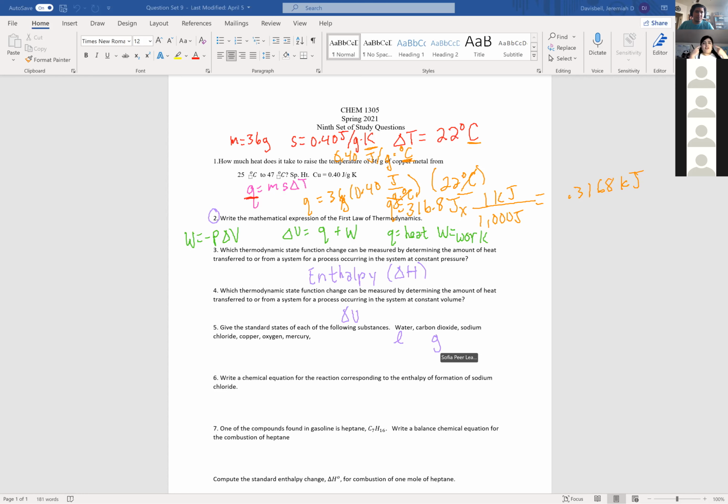What about sodium chloride? Solid, right? That's salt. What about copper? Solid, right? What about oxygen? Gas. And mercury? Liquid. Liquid, right?